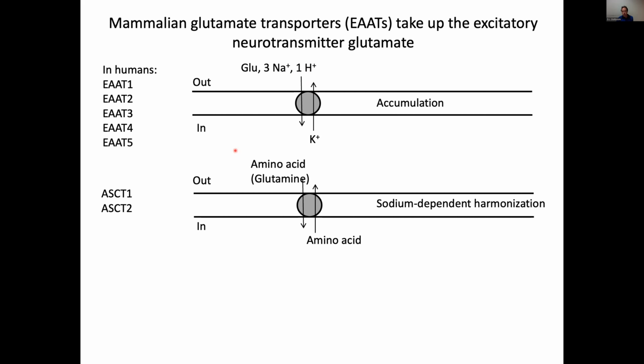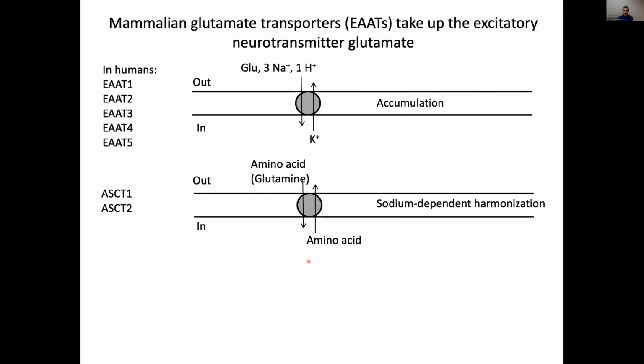In humans, you also find 2 family members which are neutral amino acid transporters, and they are obligate exchangers. So they exchange 1 amino acid for another one, and that leads to sodium-dependent harmonization of the amino acid pools. I'd love to talk about these transporters today and their electrogenic properties, but we are not that far yet.